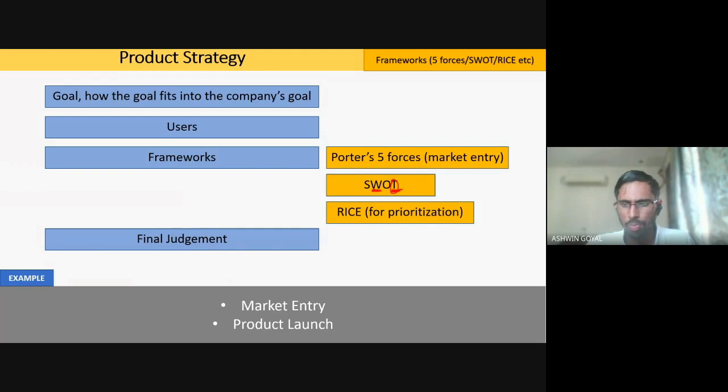Chances of product copying, yes, that can be a threat. Copyright issues are there. Those are, of course, threats. Government restrictions, definitely. Some countries are very hostile. I don't want to name any such country, but some countries don't have a very supportive policy for new companies entering that country.